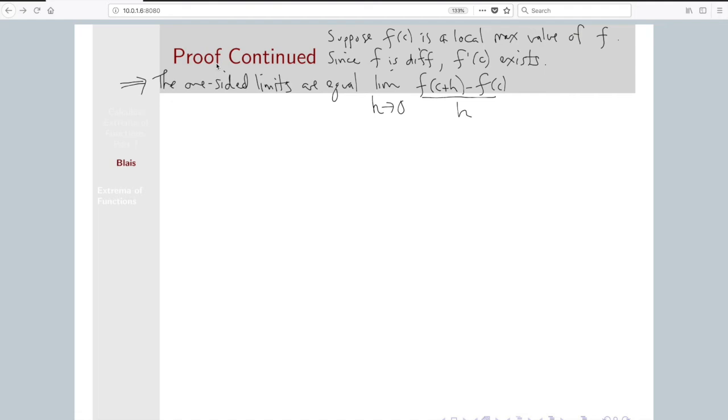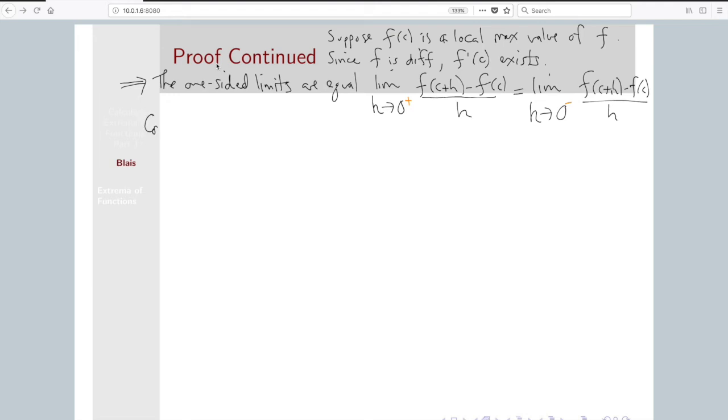But what we're going to do is note, let's come from the right. And since the limit exists, because it's differentiable, this has to be the same thing as the limit coming from the left. And so we'll focus first on the limit coming from the right.